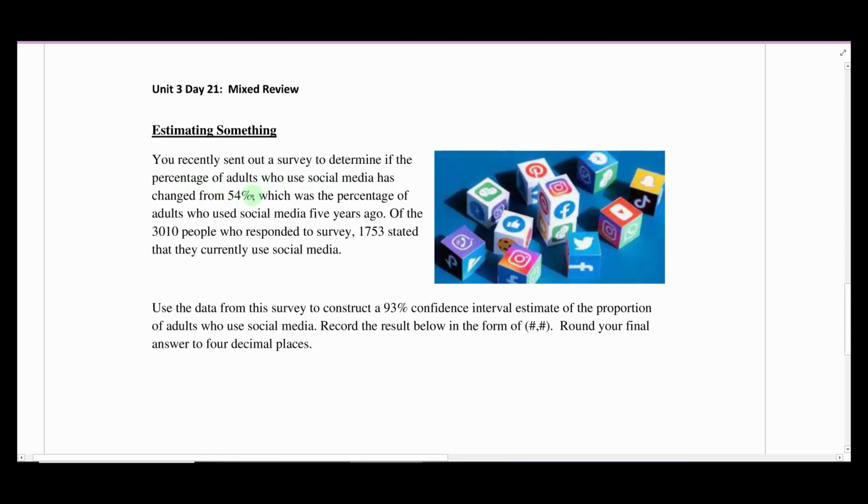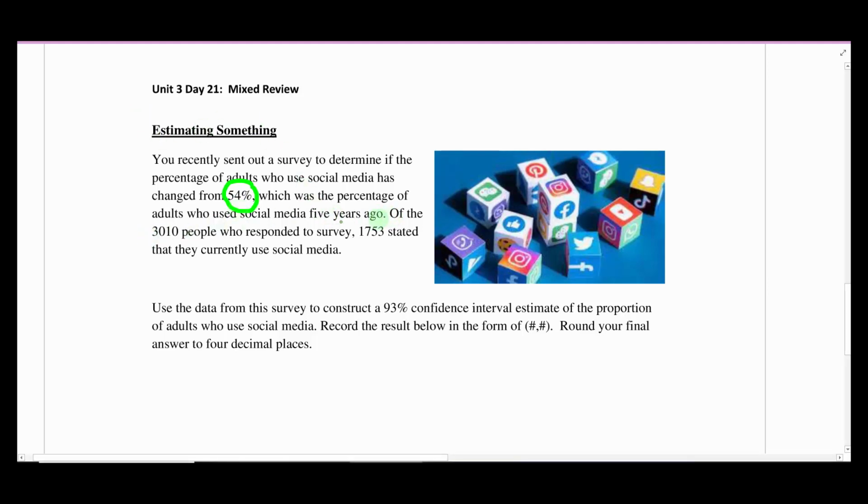So what this is telling me is that at some point in the past, research was done, and it was determined that 54% of adults use social media. They're telling me that was 5 years ago. So the question is, has that changed? Is it still 54%? Right now we're not sure exactly what proportion of adults actually use social media. So we're going to estimate what we think it is using a confidence interval.